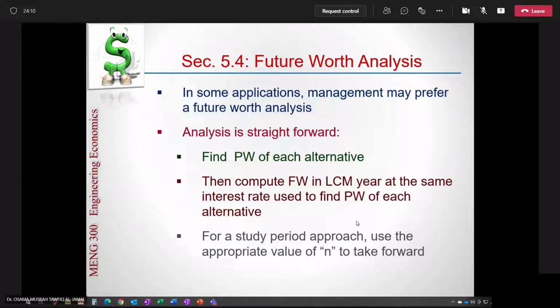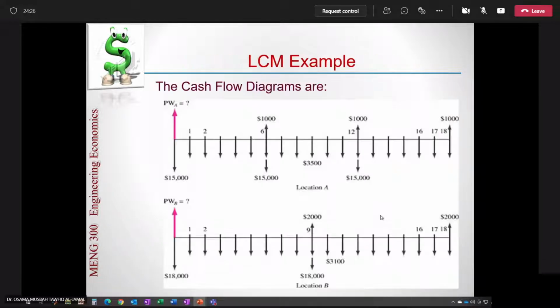But for a study period approach, use the appropriate value of N to take forward, i.e. where you want to stop. Go back to that.